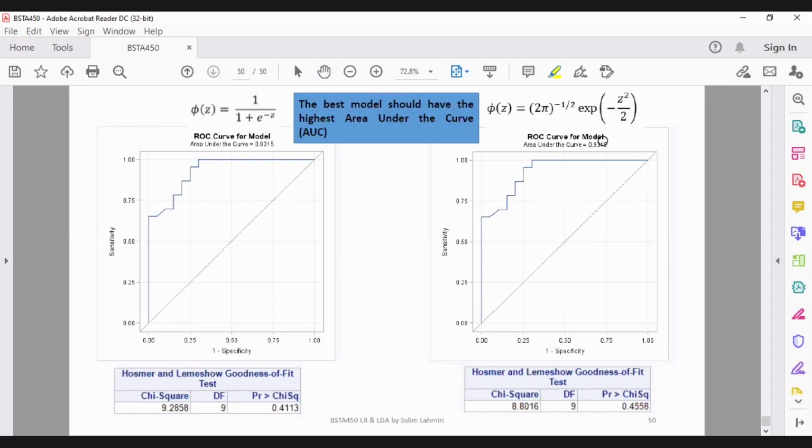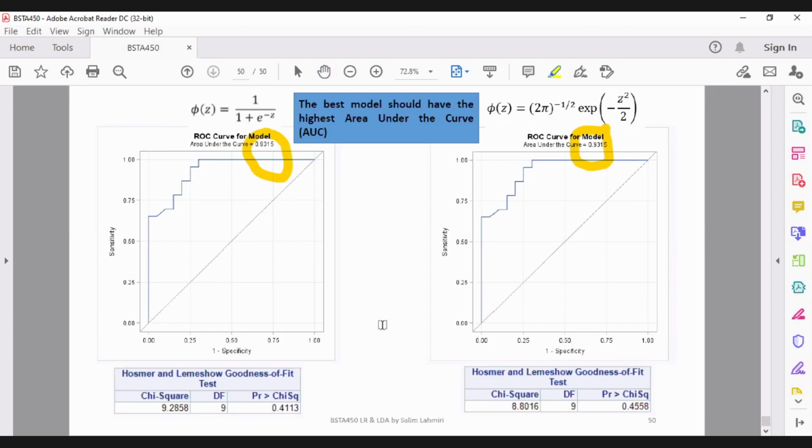Area under the curve, we got 93.15 for probits. We got 93.15 for logistic regression. So both models are showing a similar ROC curve.